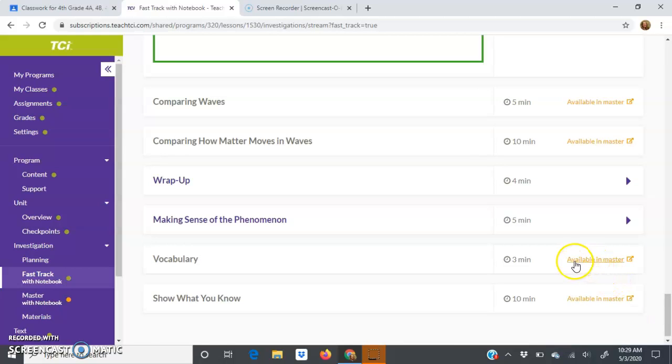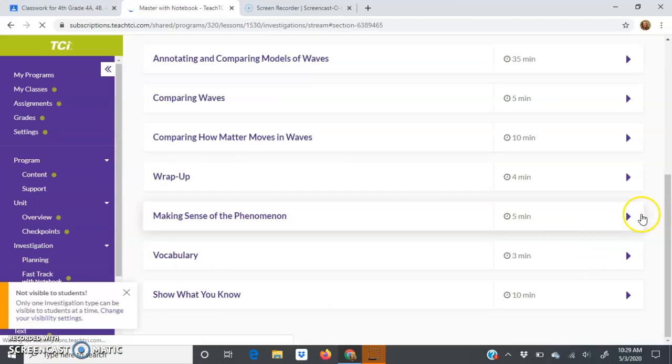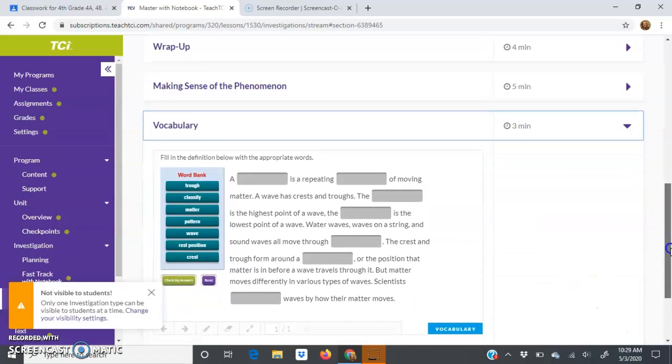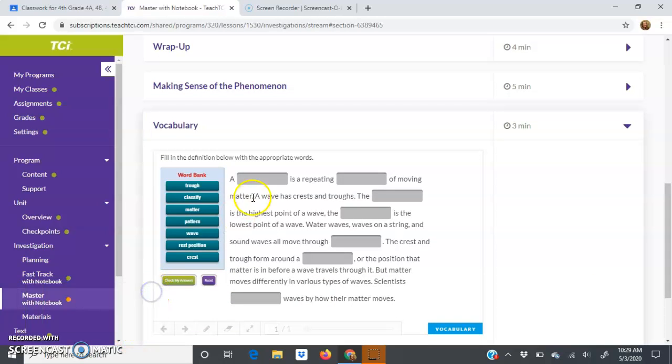And the last bit I want to do with you is a little bit of vocabulary. So let's try to figure this out together. It says, A blank is a repeating blank of moving matter. A wave has crests and troughs.